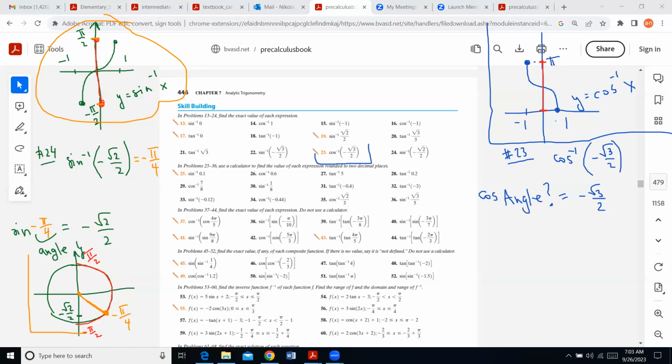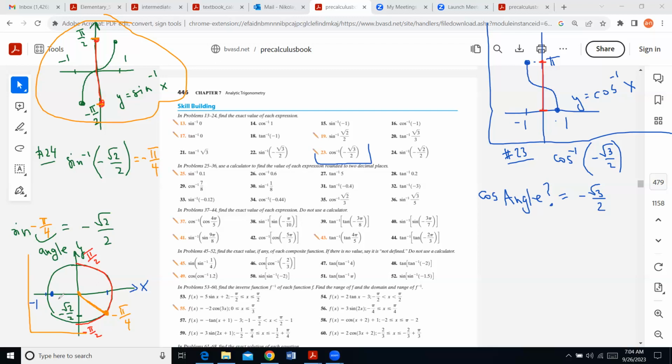So using the same unit circle idea, you can recall that cosine is always on the x-axis. So if it's negative radical 3 over 2, it's very, very close to negative 1 here.